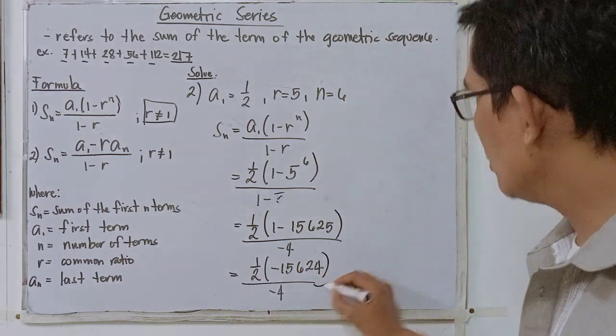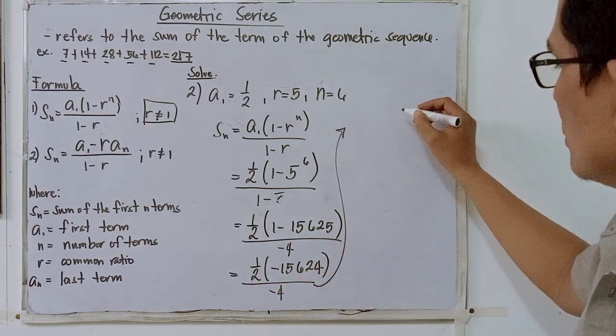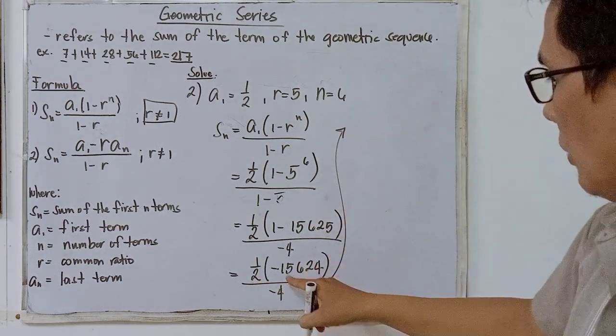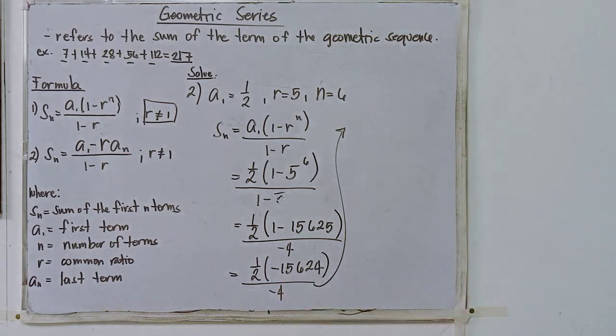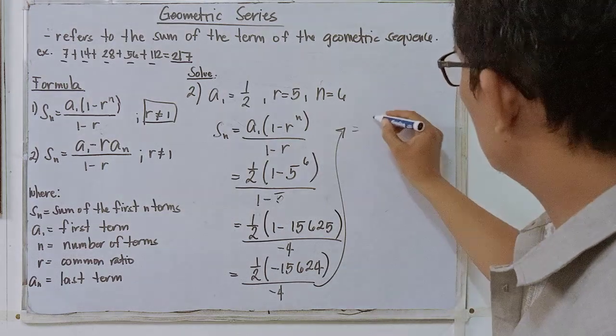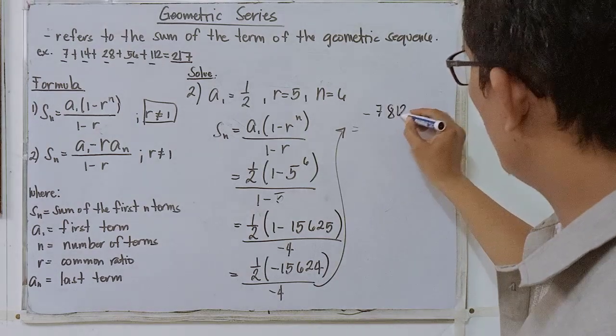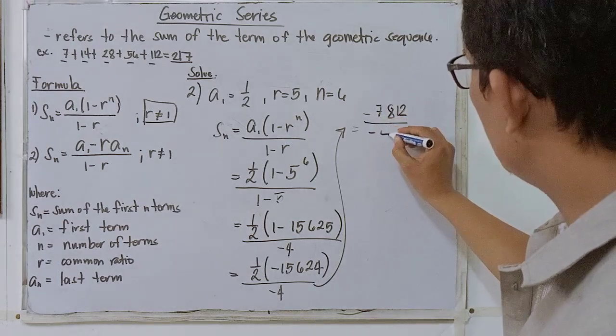Okay? So next we're going to divide this one by 2. So what is half of 15,624? The answer there is 7,812. So that is equal to negative 7,812 all over negative 4.